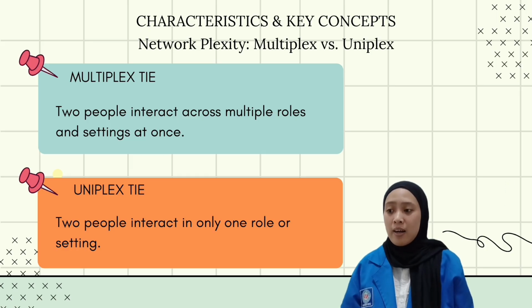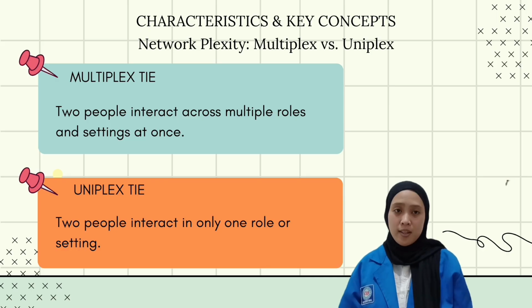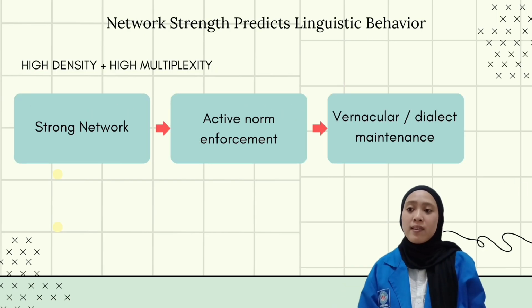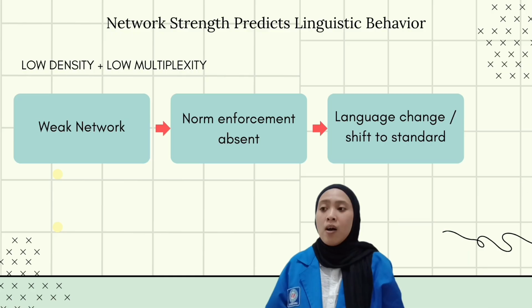Uniplex type: two people interact in only one role or setting. Network strength predicts linguistic behavior. High density and high multiplexity, strong network, active norm enforcement, vernacular dialect maintenance. Low density and low multiplexity, weak network, norm enforcement absent, language change, shift to standard.